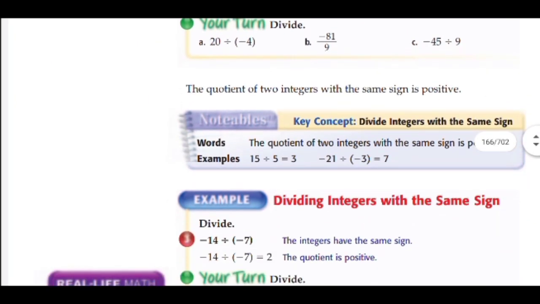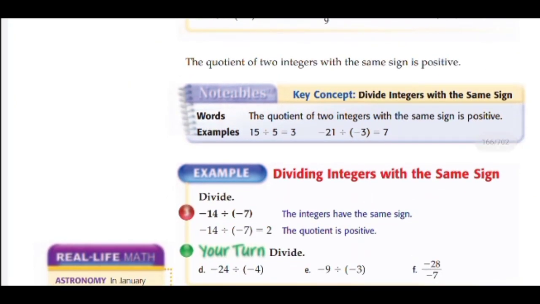The quotient of two integers with the same sign is positive. Key concept: divide integers with the same sign.